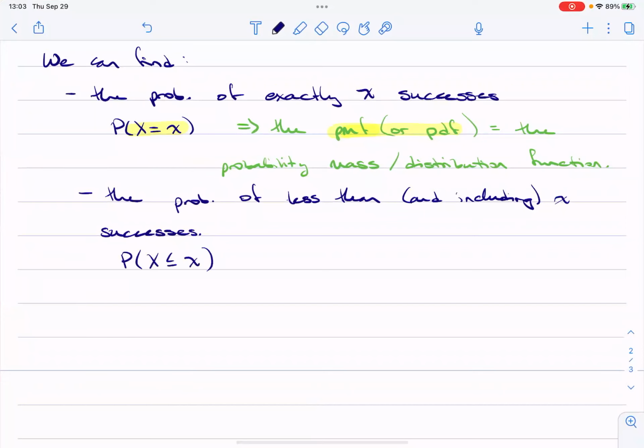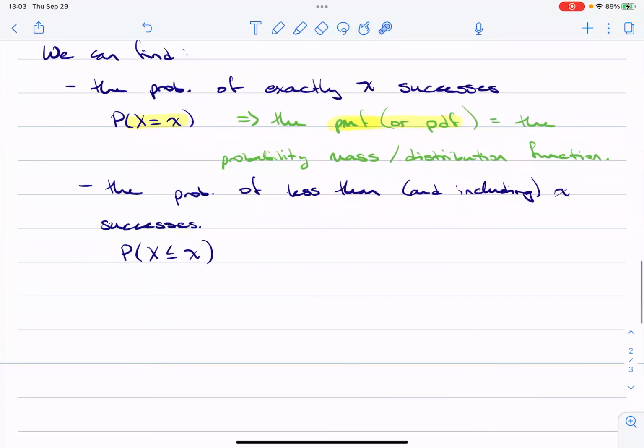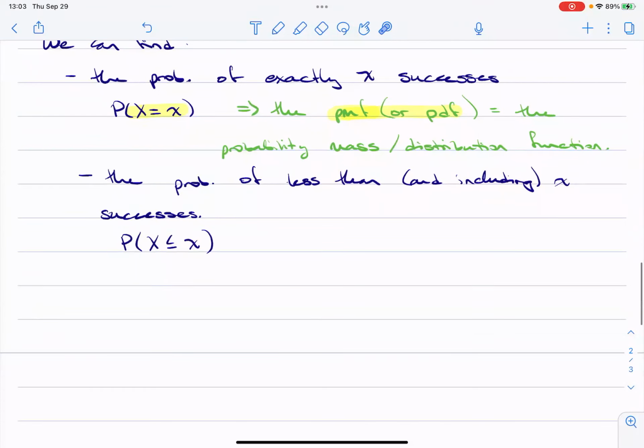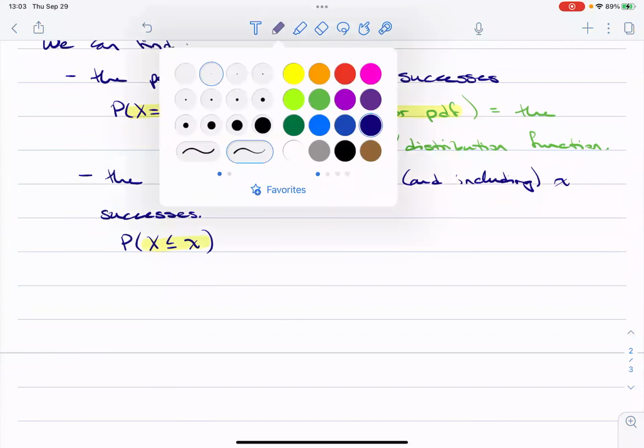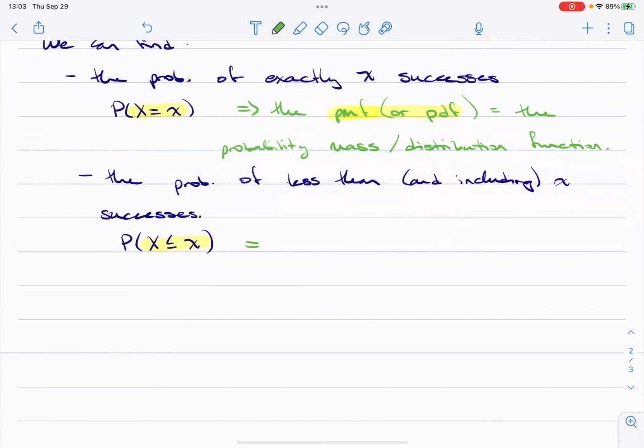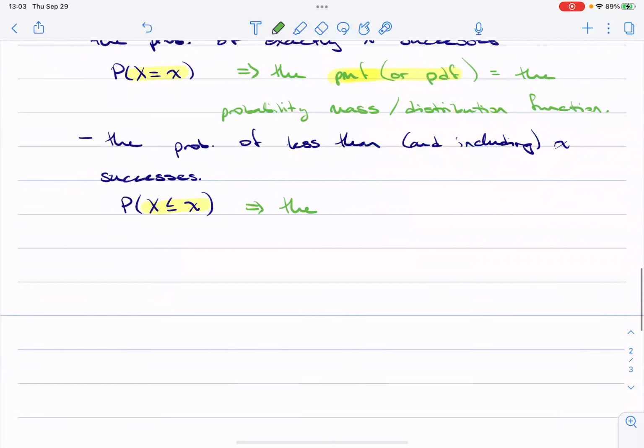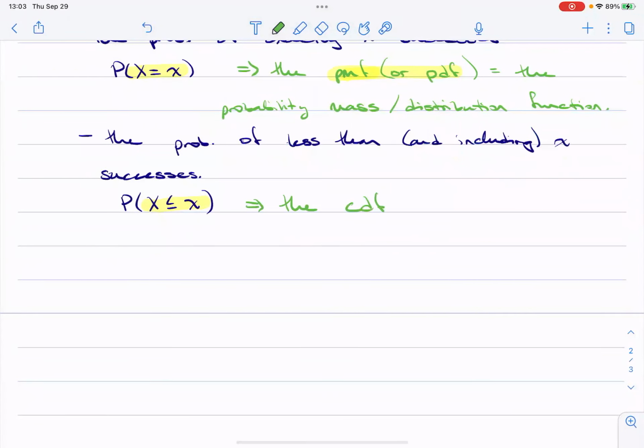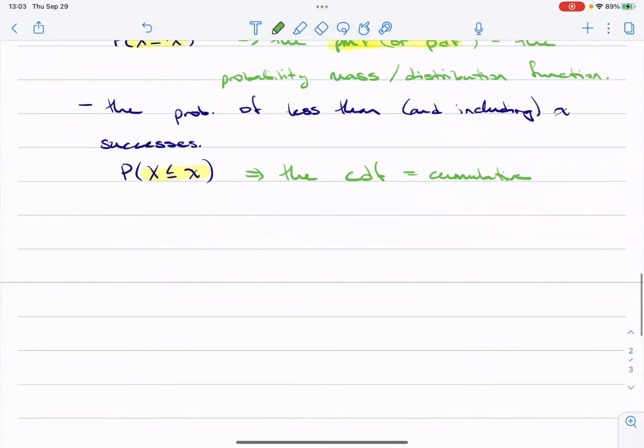So something like this, right? We're going to refer to this as the CDF, the cumulative distribution function.